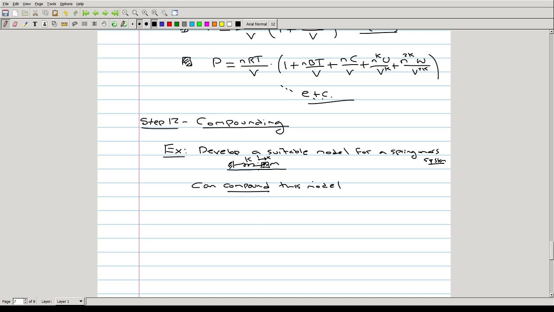By considering the motion of a number of different springs and masses that are connected to one another, the motion of which will be much more complicated.